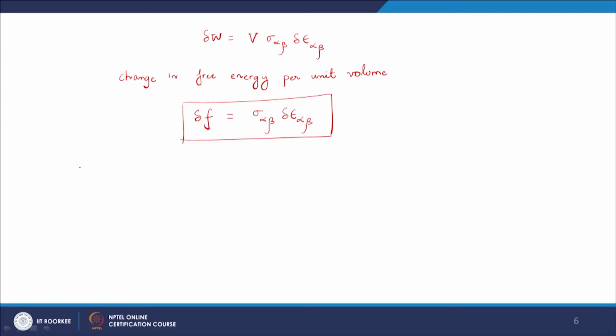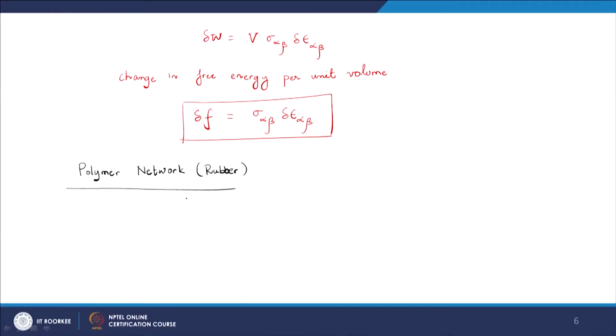So, now if I am now looking at say a polymer network or rubber is a polymer network. We are doing the case when there is no solvent in there.